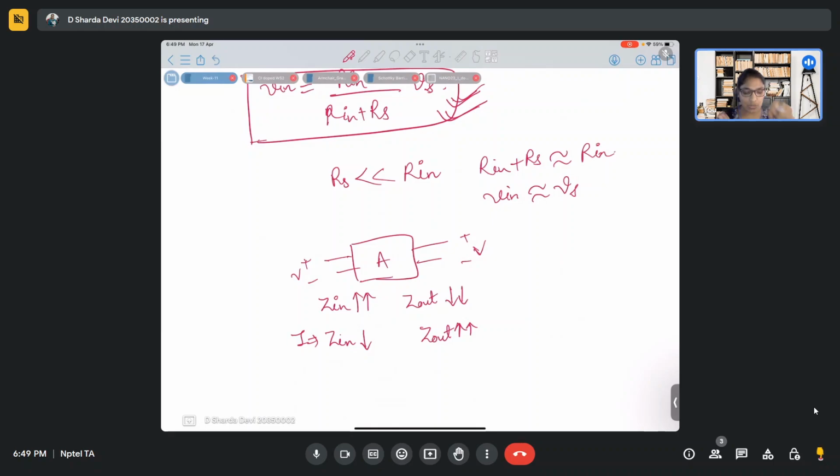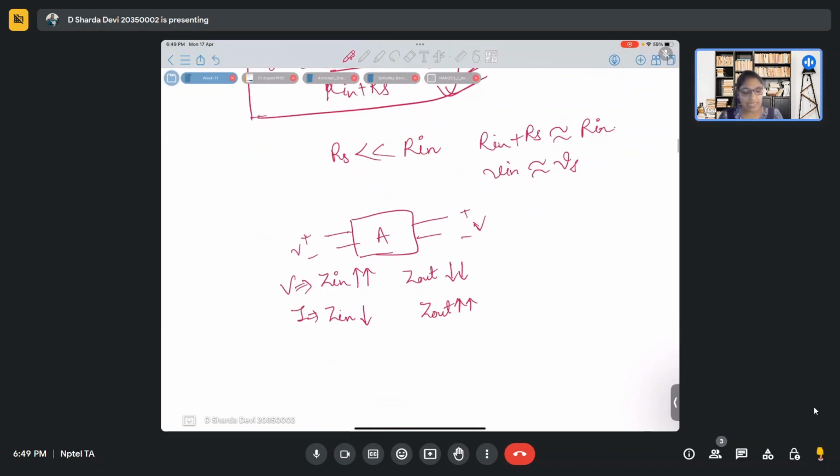When there is low resistance at your amplifier's input, the whole current will go through your amplifier. And when there is high impedance at the output, it will avoid that path and go to the load, and the current will flow through the load. So that's why we want this for a current amplifier.